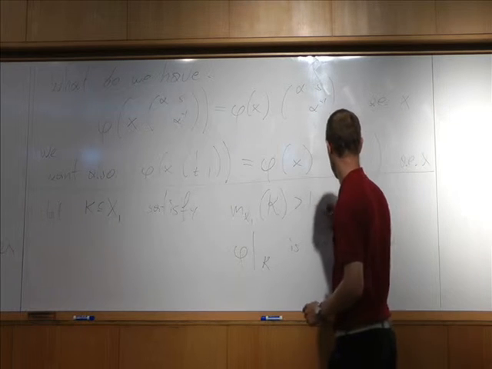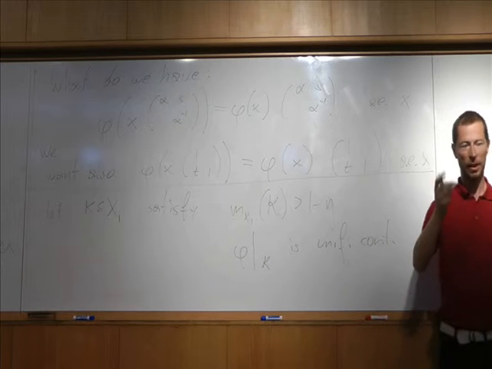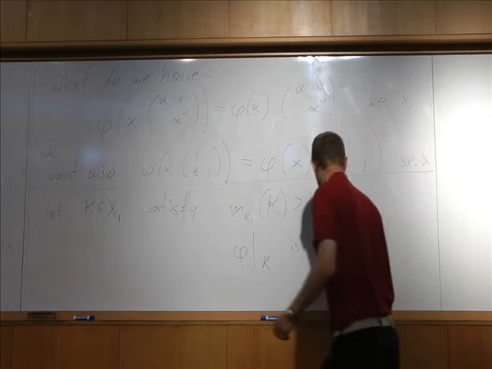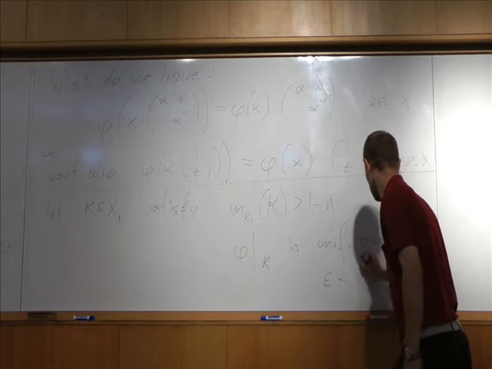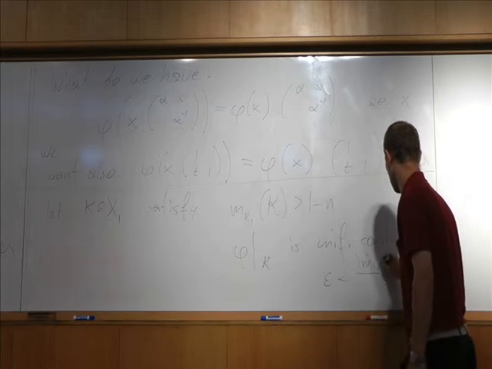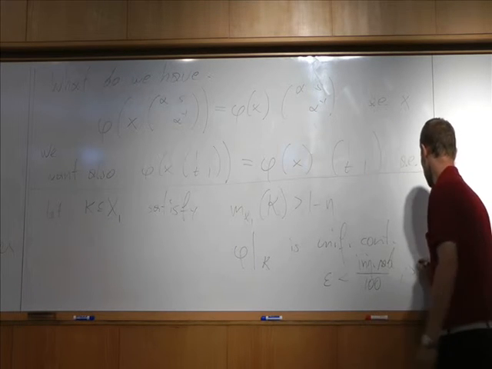Let's make this an eta, because then I have epsilon delta for the uniform continuity. So epsilon is small, smaller than injectivity radius divided by 100, and delta is accordingly.